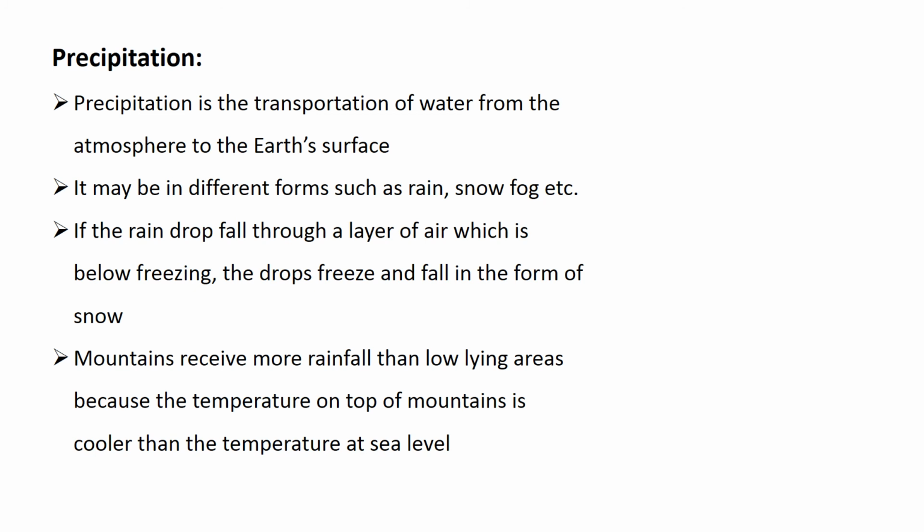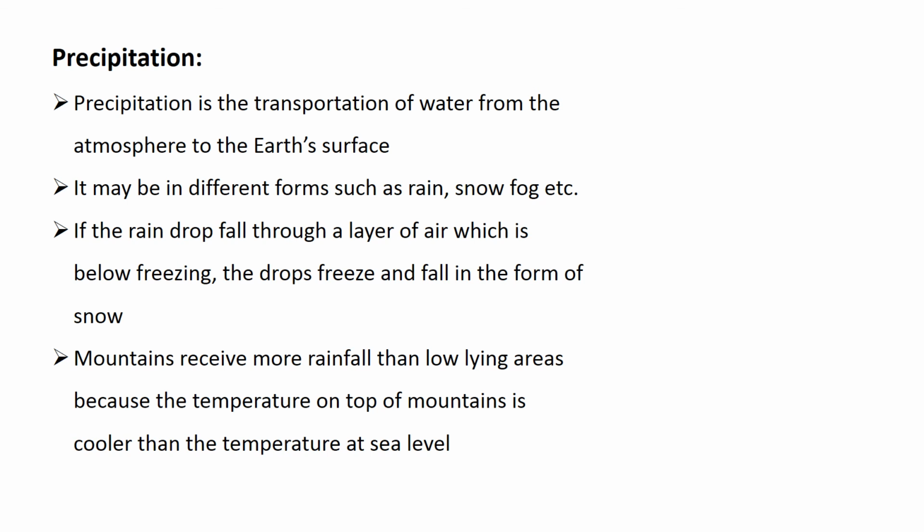When the droplets of water become too heavy for the cloud to hold, they fall down as rain. Precipitation is the transportation of water from the atmosphere to the earth's surface. It may be in different forms such as rain, snow, fog, etc.